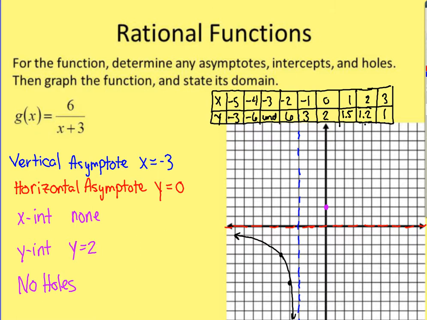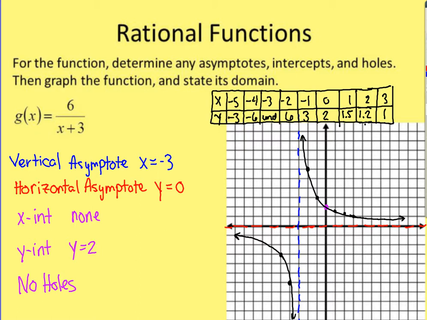At -2, we are at 6. At -1, we're at 3. 0, we were already at 2. 1, we're at 1.5. 2, we're at 1.2. And at 3, we're at 1. Again, we know we have to get close to the blue line and never cross it, and close to the red line. So this will be our graph.